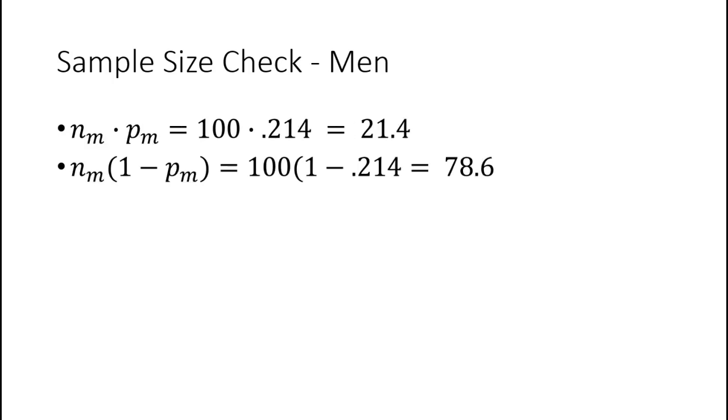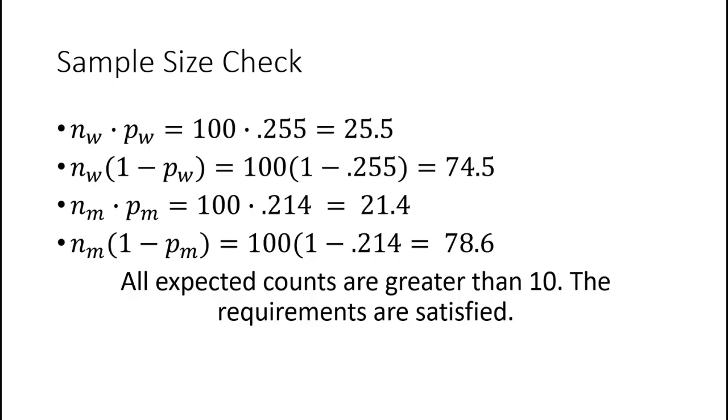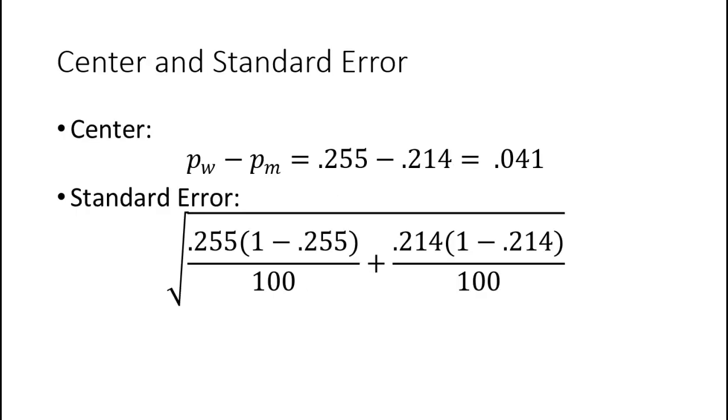Doing something very similar for the men, and then combining the information together, we see that all the expected counts are greater than 10 and the requirements are satisfied. Since the requirements are satisfied, we can go through and compute the center and the standard error.